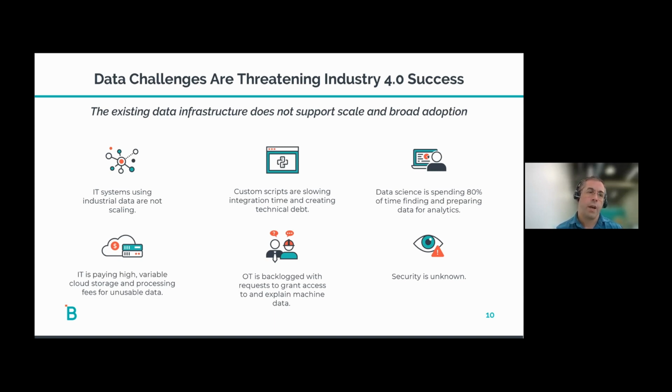Every time you write a program that assumes that the data coming into it is static and is defined in a certain way, if that source data, which in our case is the source machinery on the factory floor, ever changes, then we end up having to rewrite all those integrations. So the more integrations you have, the more effort you need to put into fixing them and maintaining them over time, which isn't a recipe for success.